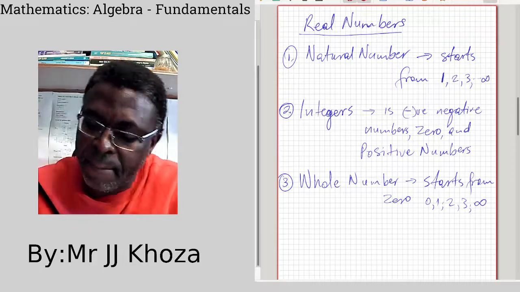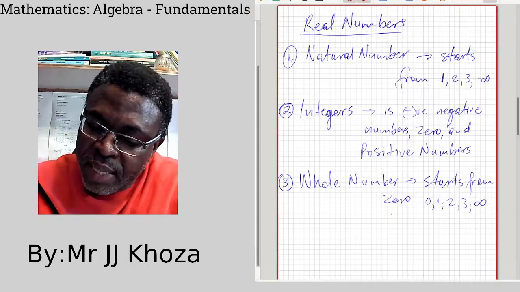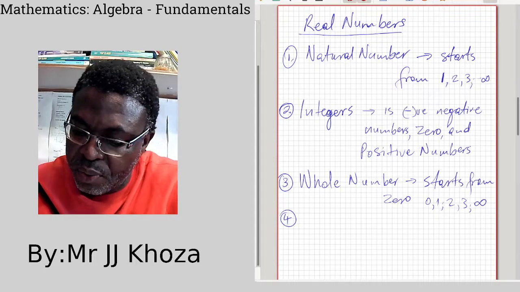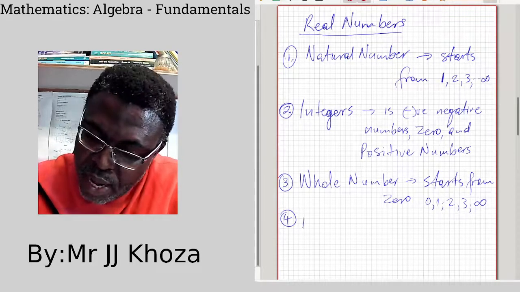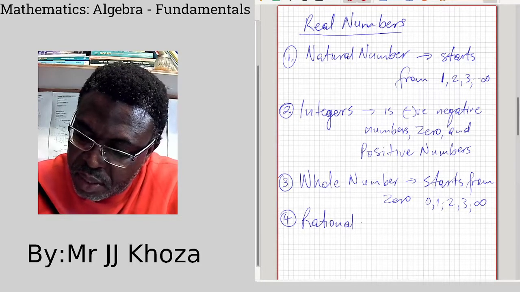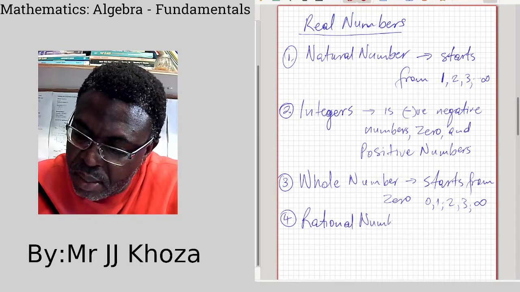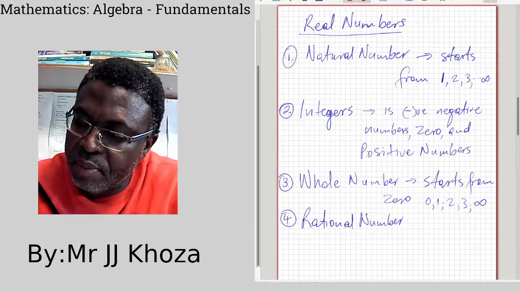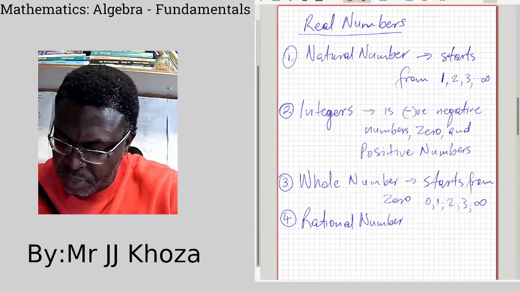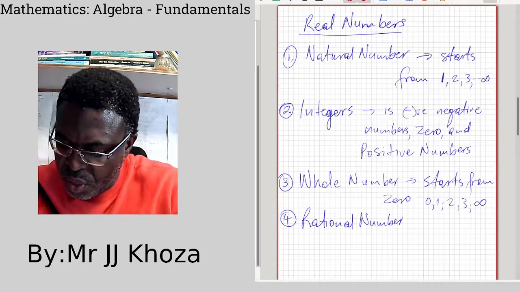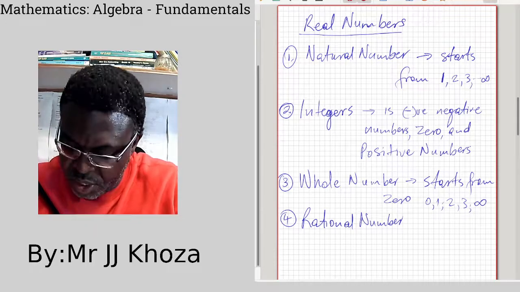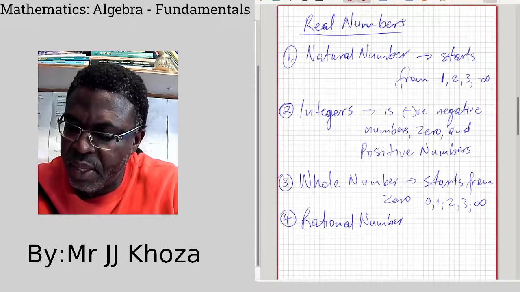And then we've got another type of number, number 4, which we call a rational number. What is a rational number? We take ratios of integers, right?